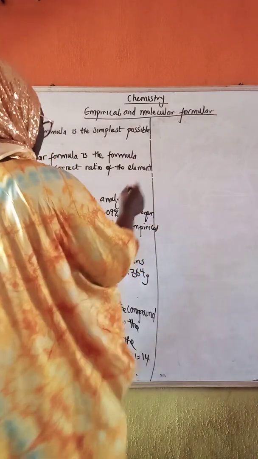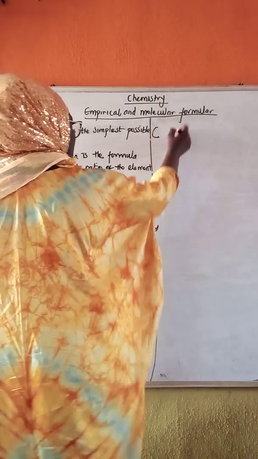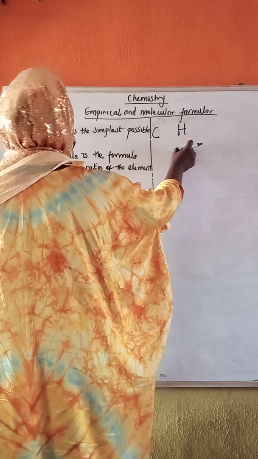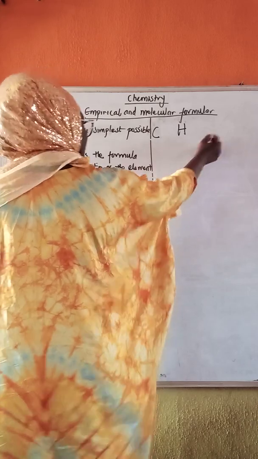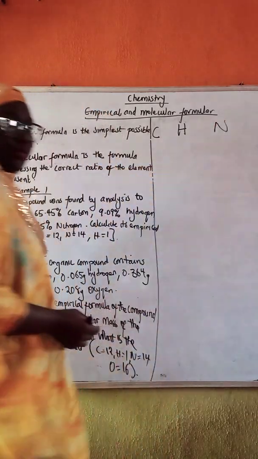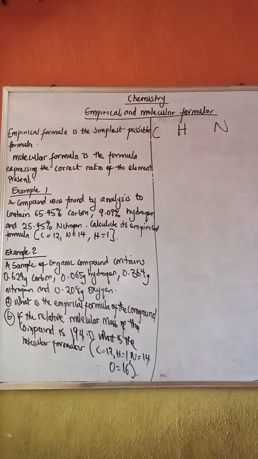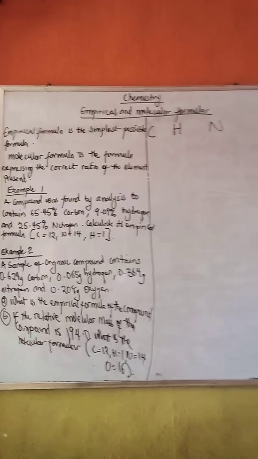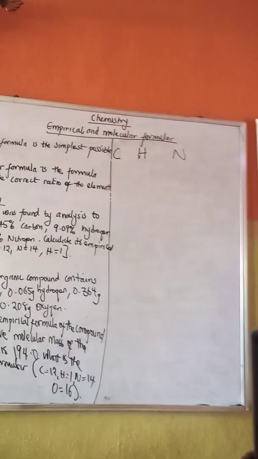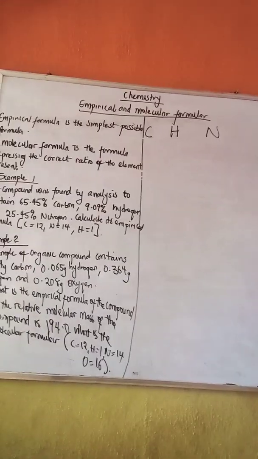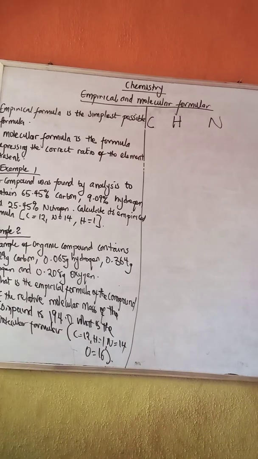We have carbon, hydrogen, and nitrogen as the constituents. Now, we want to write out the empirical formula first.